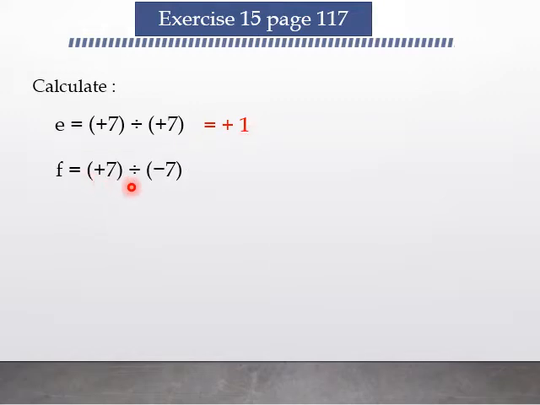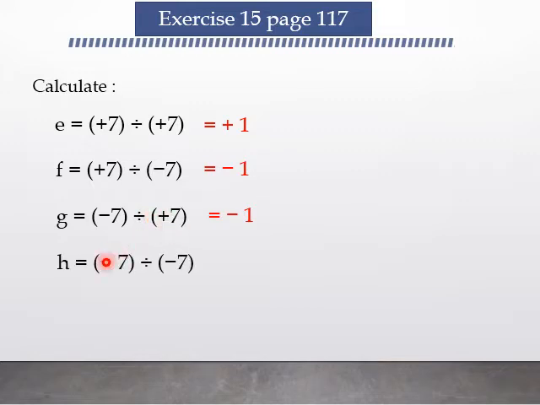Now plus 7 divided by minus 7. Start with the signs, plus minus, so it's minus. 7 divided by 7 is 1. Minus 7 divided by plus 7. Start with the signs, minus plus, it means minus, and 7 divided by 7 is 1.